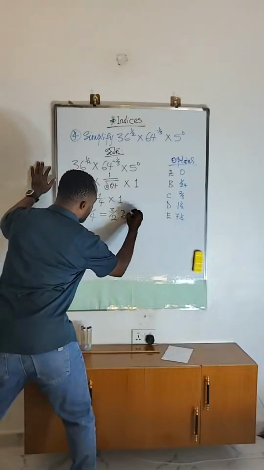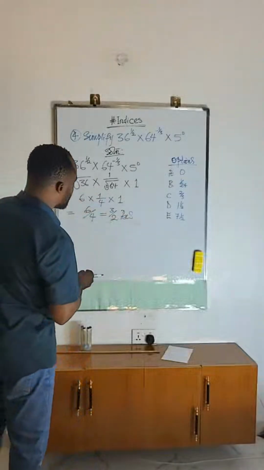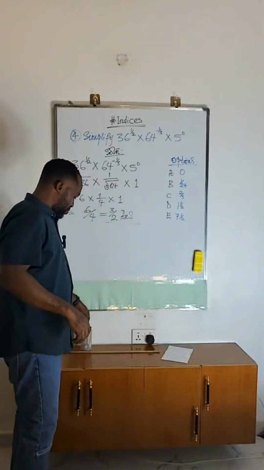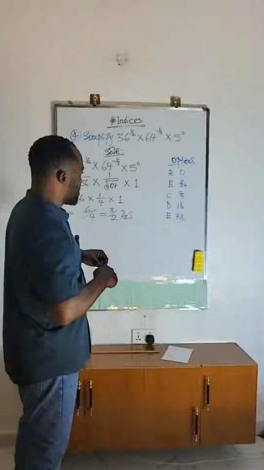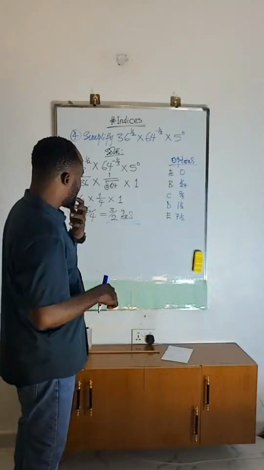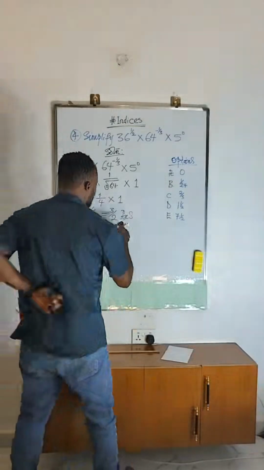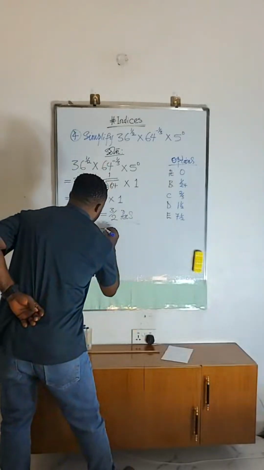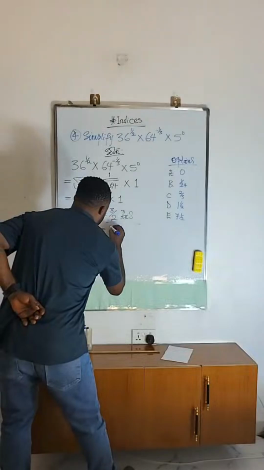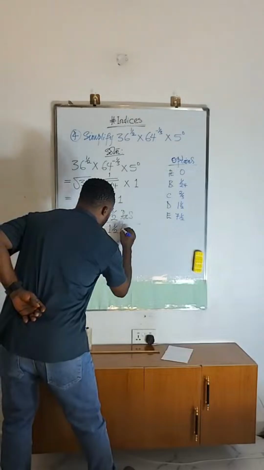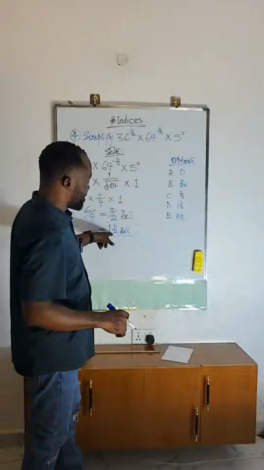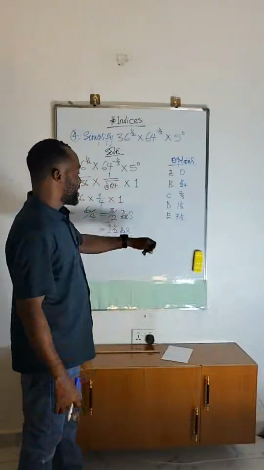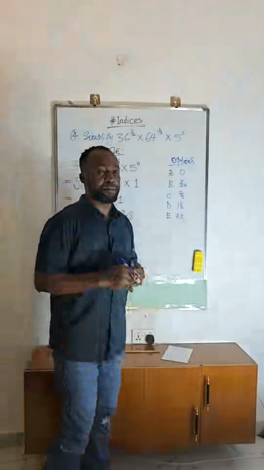So the answer becomes 3 over 2. Now let's see. Option D is the right answer, because if you take 3 over 2 further, you'll see that 2 goes into 3 one time and remainder 1 all over 2. So this becomes this by mixed fraction, and that is option D.